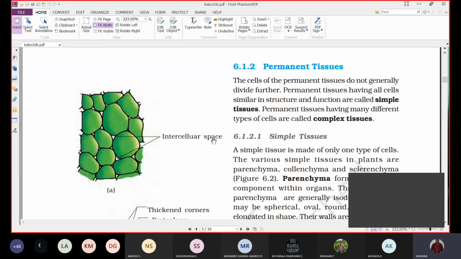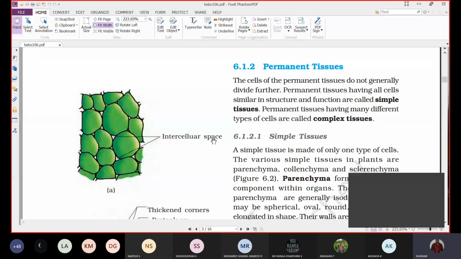What is a simple permanent tissue? A permanent tissue which is made up of only one type of cells. So that means a group of cells which are similar in origin and function are grouped to form a simple permanent tissue. And next, what is a complex permanent tissue?